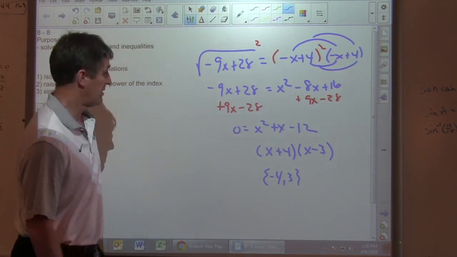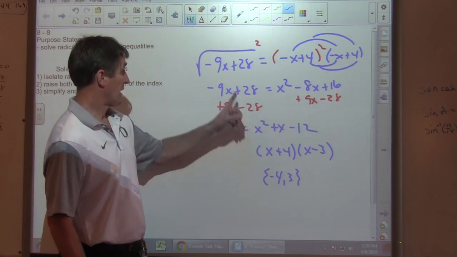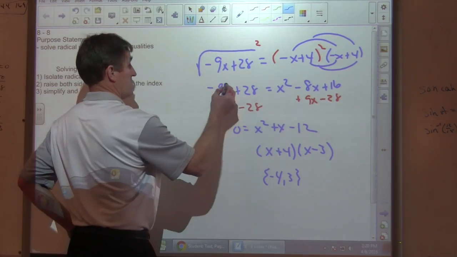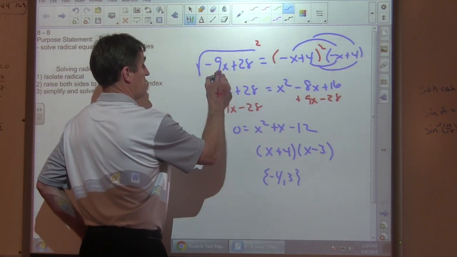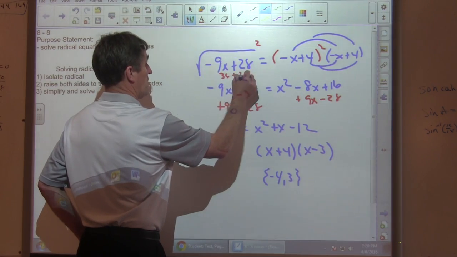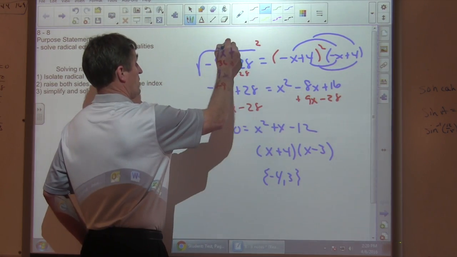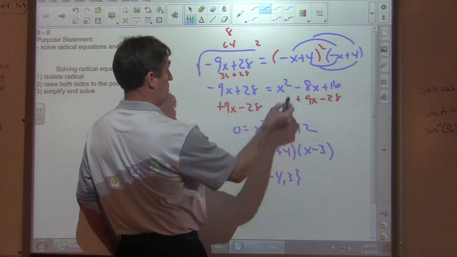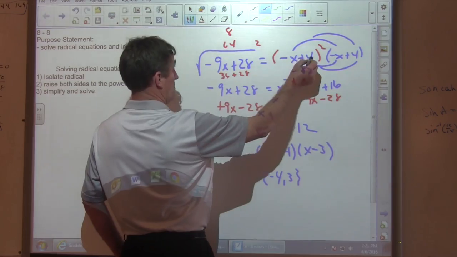So let's check that. If I plug in negative 4, I get 36. That's negative 9 times negative 4, so we get 36 here, plus 28, which gives me 64, and the square root of 64 is 8. Plug in negative 4 on the other side. The opposite of negative 4 is 4, plus 4 is 8.